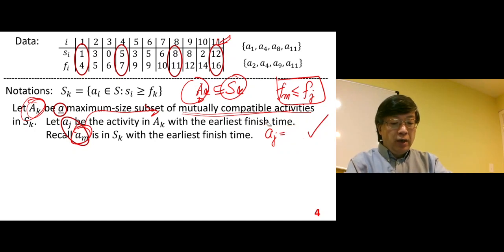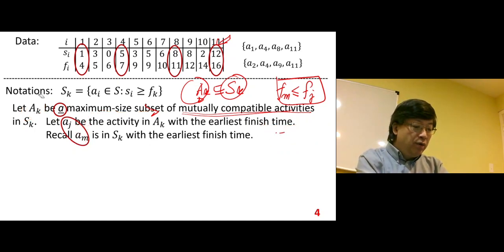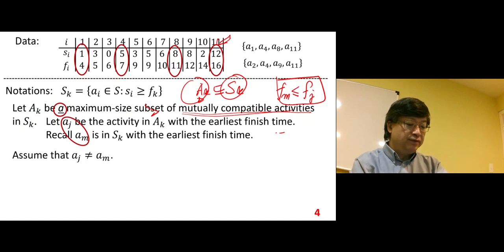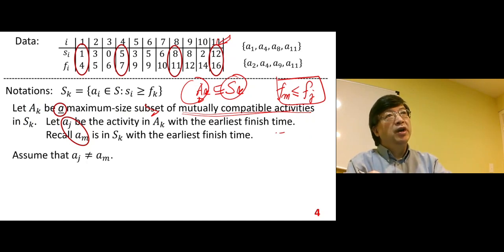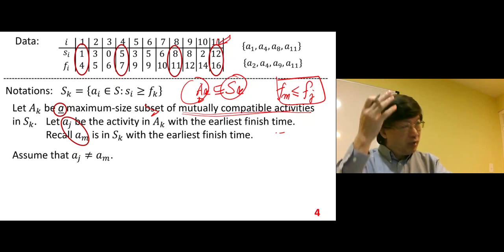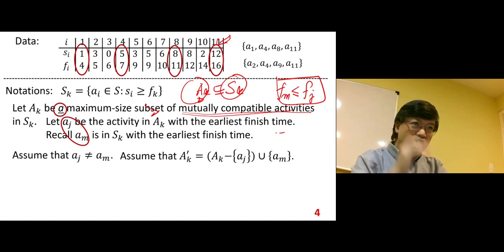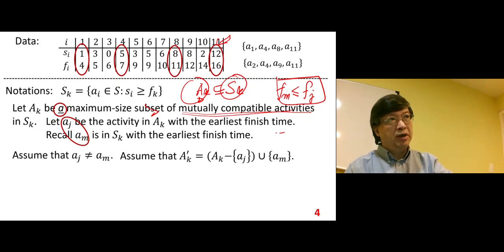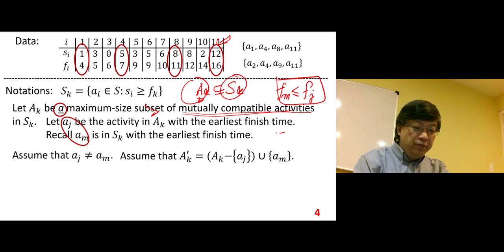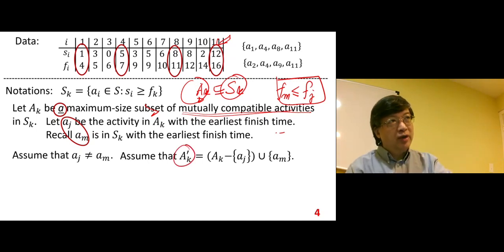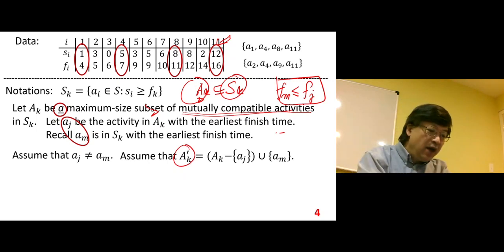Now, what do we need to prove? AJ and AM different. When they're different, then we need to do a lot of work to prove our claim is still true. Now let's construct another subset, A prime, by modifying AK.